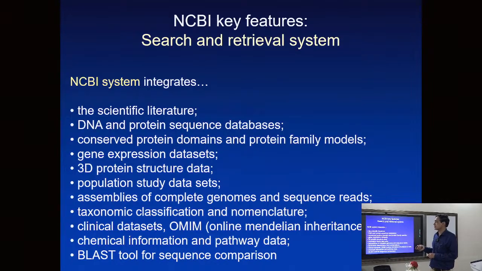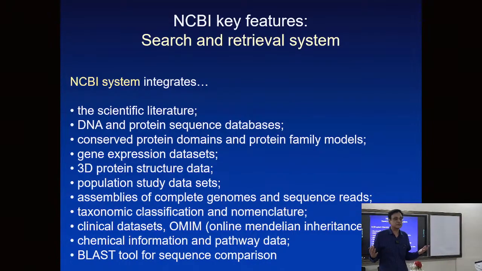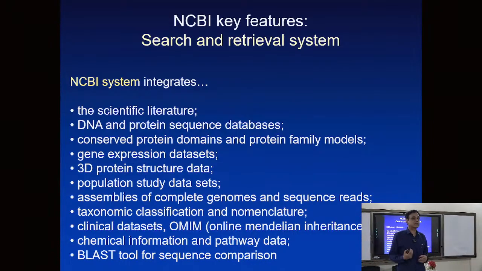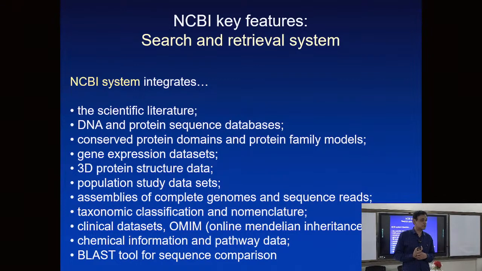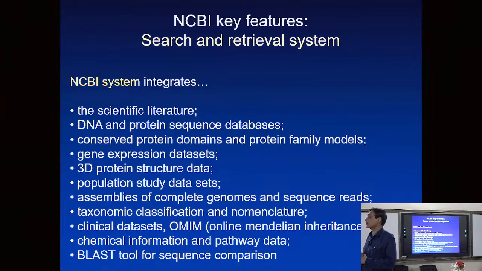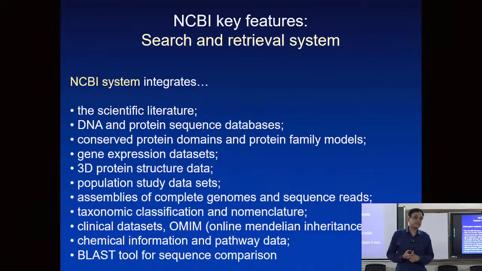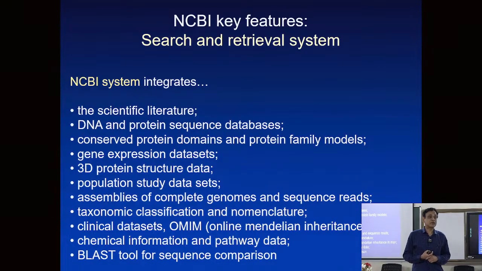3D protein structure data, the structures of proteins. Not just the primary sequences, but you would want to get access to the structures of proteins. Structures are important because they may determine the functions of proteins. And as you know, proteins are responsible for many different functions in an organism and could also be responsible for structures in organisms.